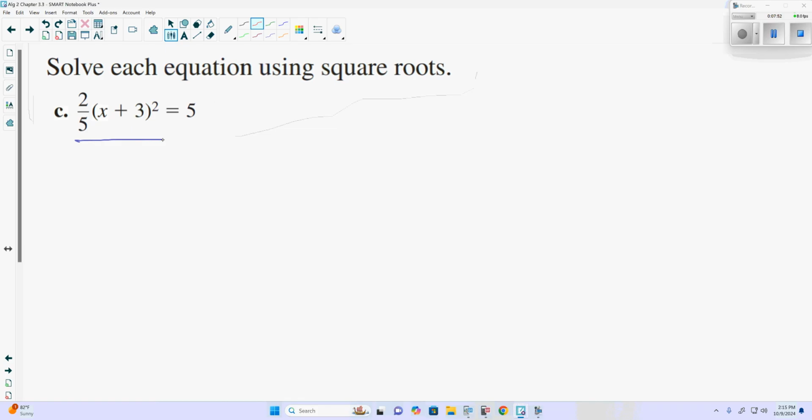So to undo multiplication, we have to divide. Because our 2/5 divided by 2/5 is 1, leaving us with x plus 3 squared. And what we do to one side, we have to do to the other.